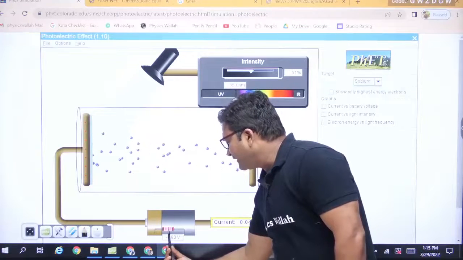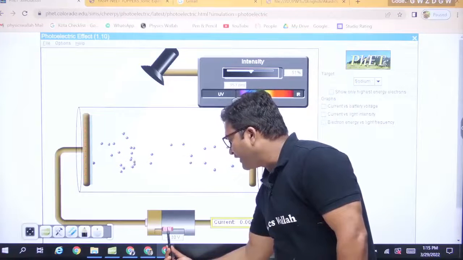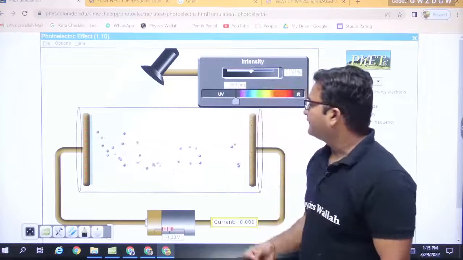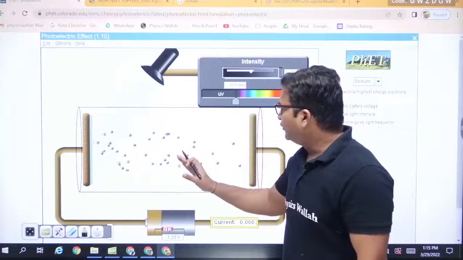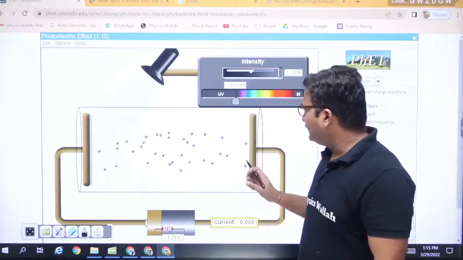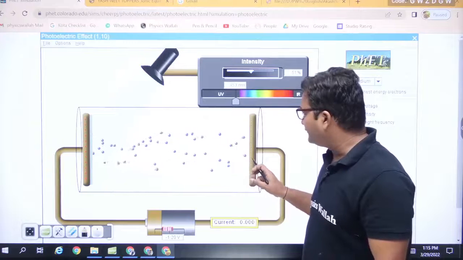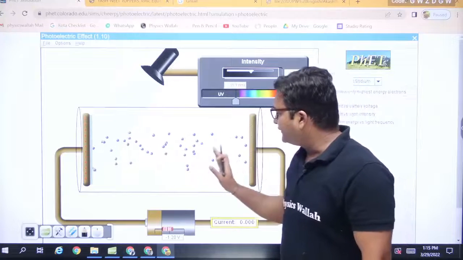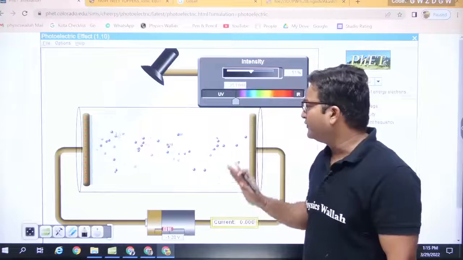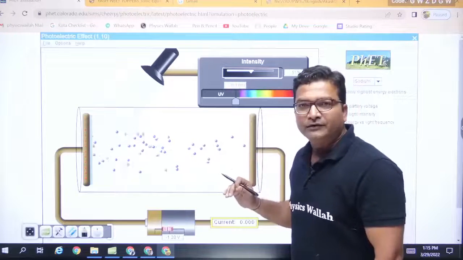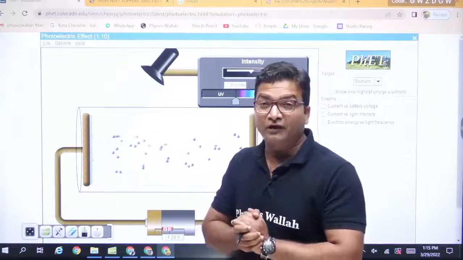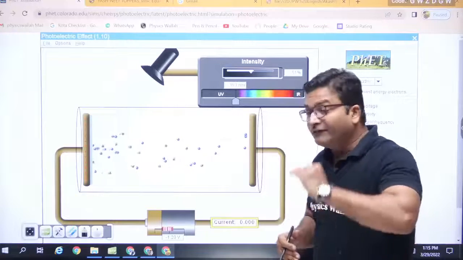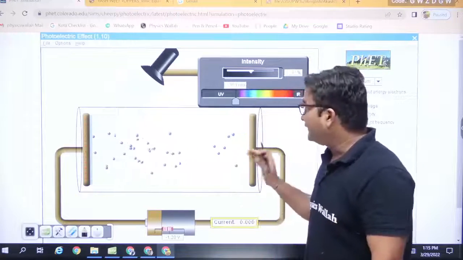If we further increase the negative potential of anode, you can see no electrons are reaching; only few are just reaching to this point, and they are returning back. So no electron is going to make it to anode. This voltage is actually called the stopping potential, because it is stopping even the fastest electron from reaching anode.